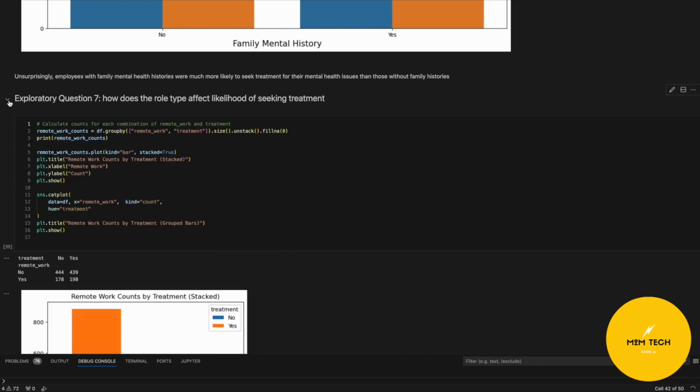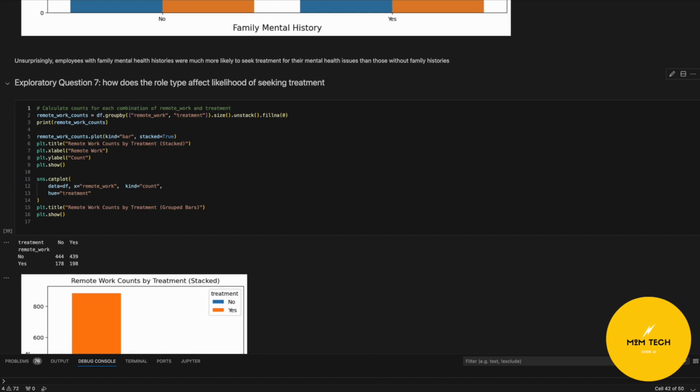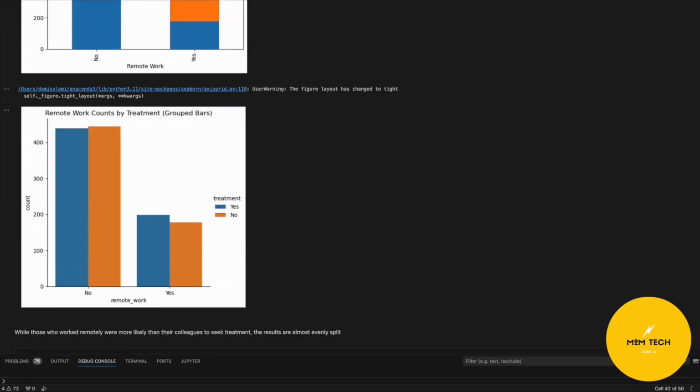There were so many questions we could have asked for this. How does the role type affect seeking treatment? Remote work versus non-remote. We see that it's almost even, though those who worked remotely were more likely than their colleagues to seek treatment.